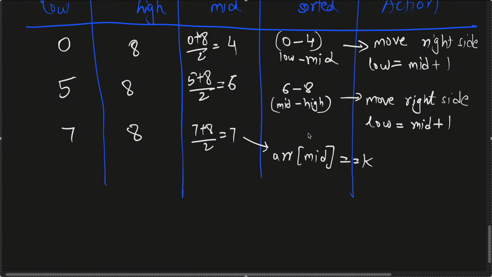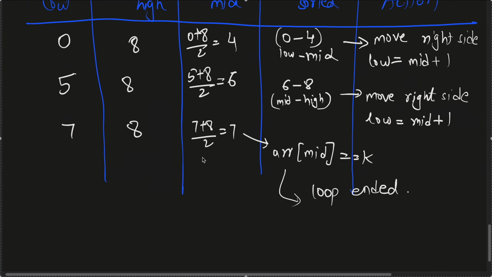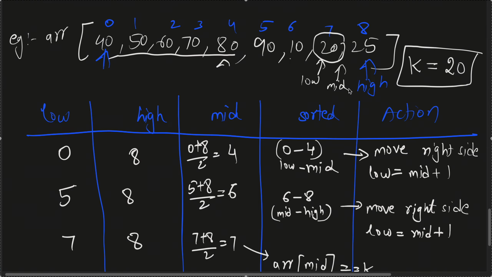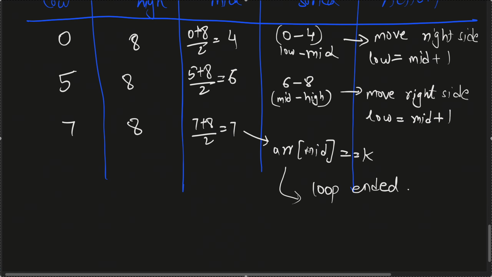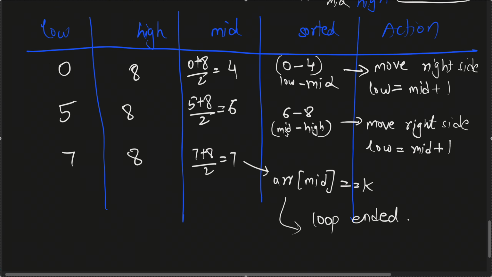This is the element that we wanted to search. If this condition is satisfied, then our loop will end, and we will simply end this dry run. If the element was not present, then we would return -1, but the element is present, so we return the index, the mid value. So this was the dry run for this example.